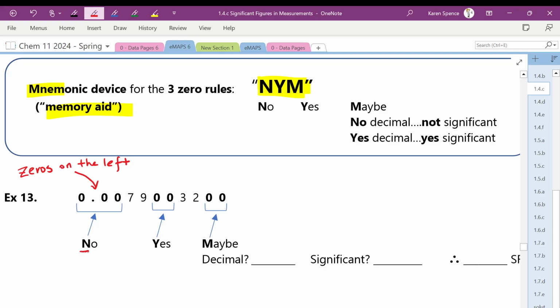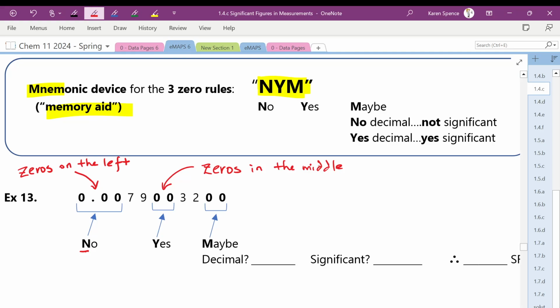No. If I have zeros that are sandwiched in between, in the middle of a number, so zeros in the middle, yes, those are significant. So no, zeros on the left, zeros in the middle, yes.